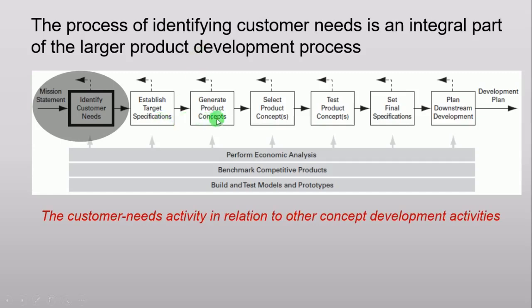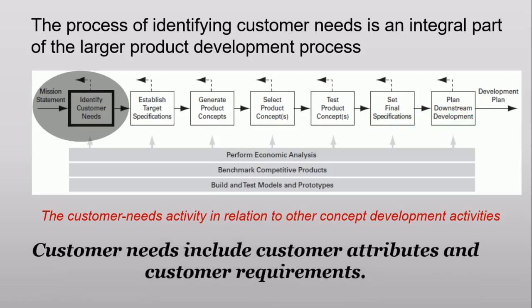There are other concept development activities in the development process. We cannot just complete the customers' requirements and then go directly to the development plans. After we define the customers' needs, we must go for the target specifications, then product concepts, then plan the downstream development processes.